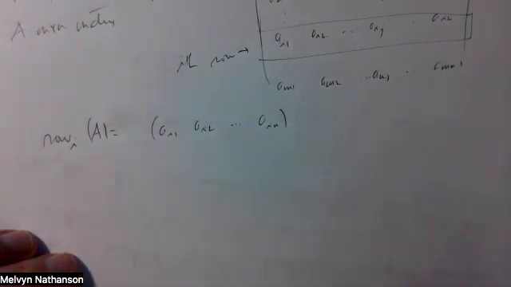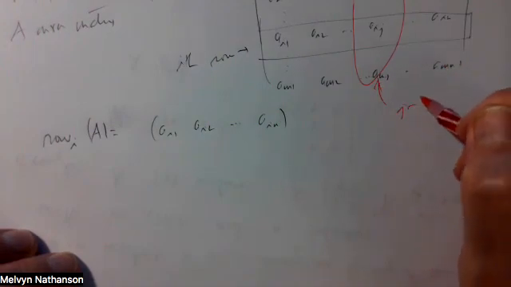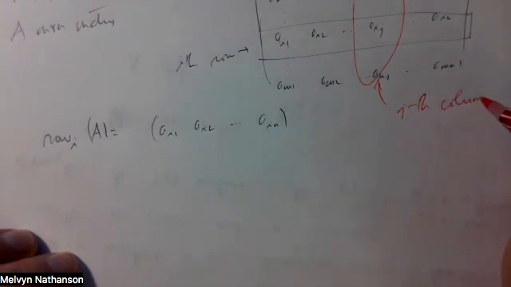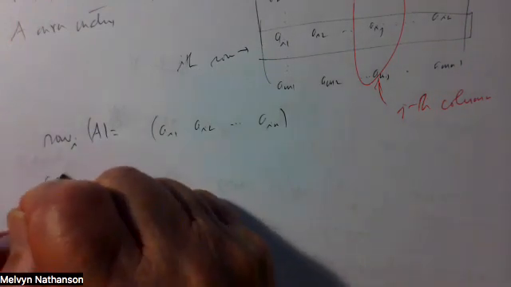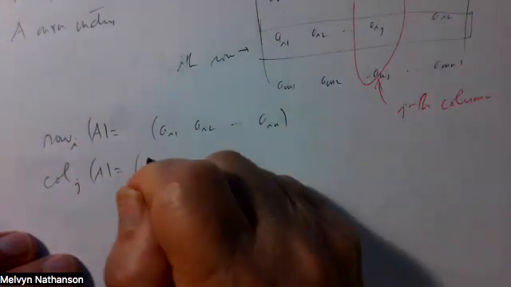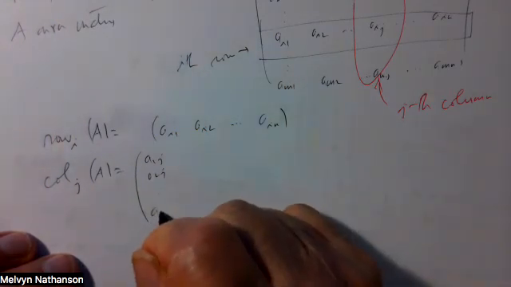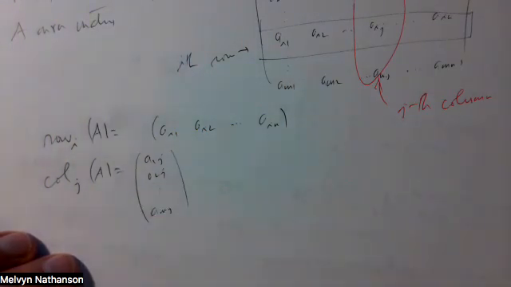And this is the jth column of the matrix. So I'm right, column sub j of A is this column, A1j, A2j, down to Amj.